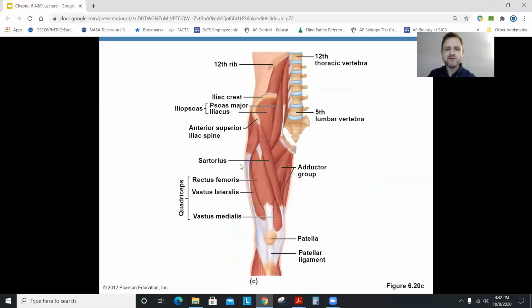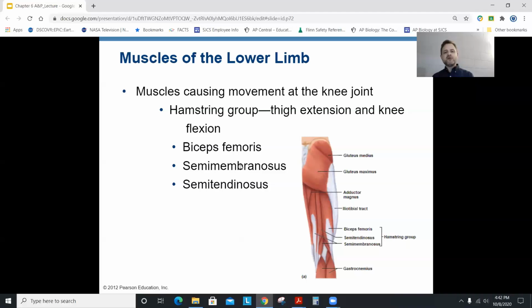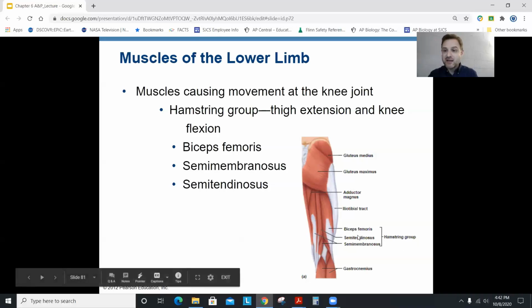So good. Okay, so muscles of the lower limb at the knee. The hamstrings are the back of your thigh. So thigh extension and knee flexion. Your hamstrings, the biceps femoris, these muscles, you don't need to know the different names for the hamstrings. You can just collectively call them the hamstrings.